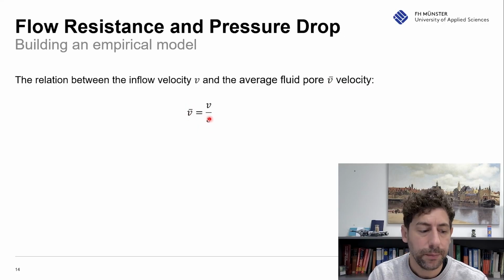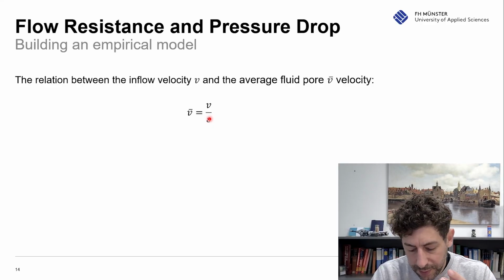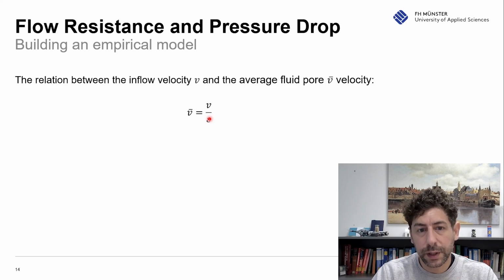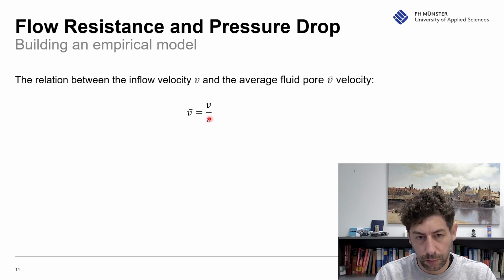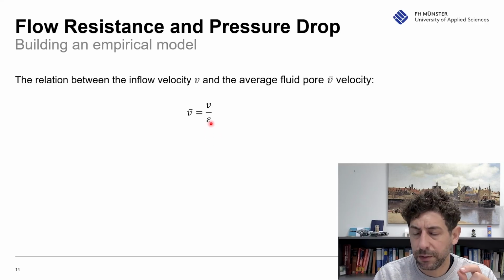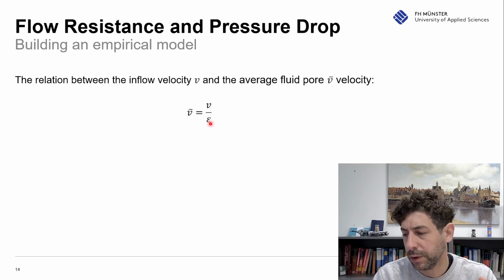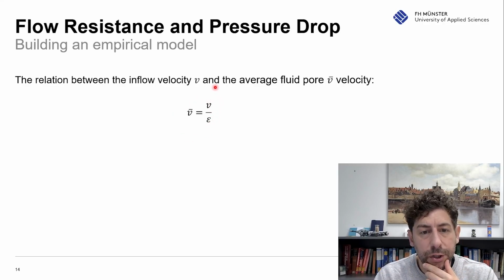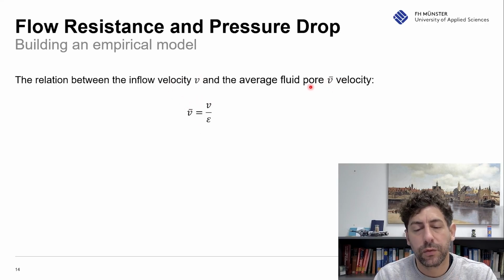So a high porosity means there are a lot of voids, and this means there's a lot of space where the fluid can go, so it can go rather slowly through it. But if the porosity is very low, the gaps are very small, so the fluid has to go very, very fast through it. If not, we would lose volume flow. So this is the relation for inflow velocity to average fluid pore velocity over the porosity.